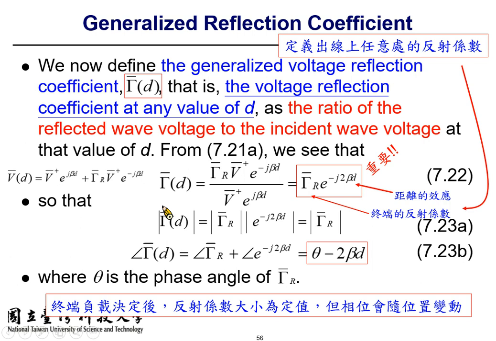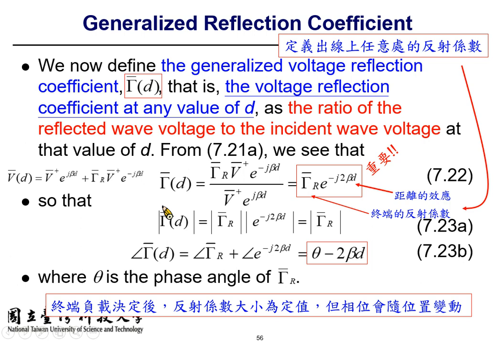And in this expression, we try to change the phase reference position to the location of d. So it's rewritten as gamma R times exponential minus j 2 beta d.